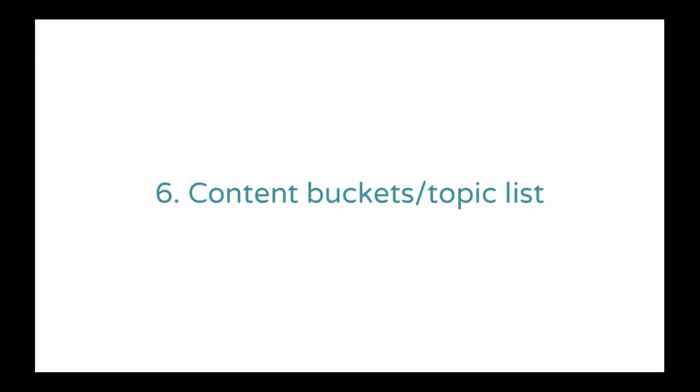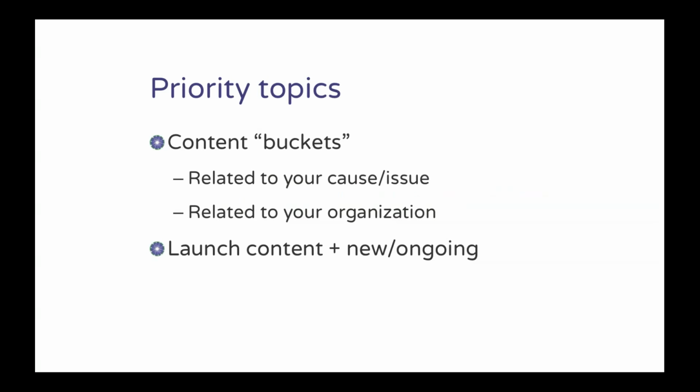So with the work you've done so far, you have gathered the intelligence and insights to make smart decisions about what content you need. And I refer to those as kind of two separate things: the priority topics or content buckets that you'll need to feature on your site, and then a specific list of articles or pages that you need written.